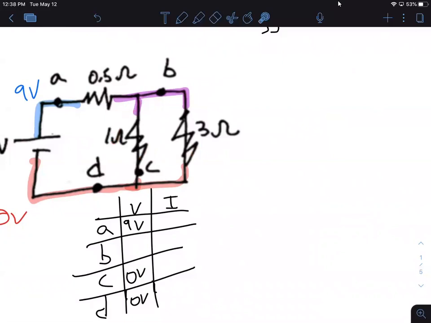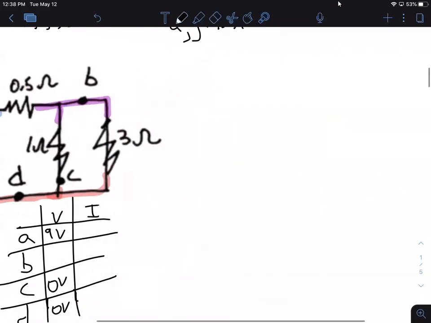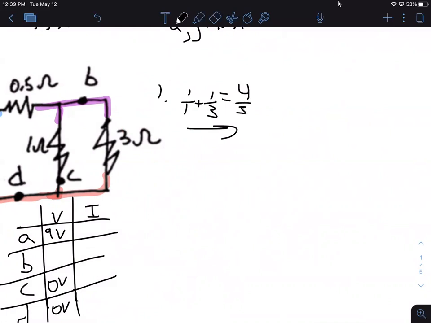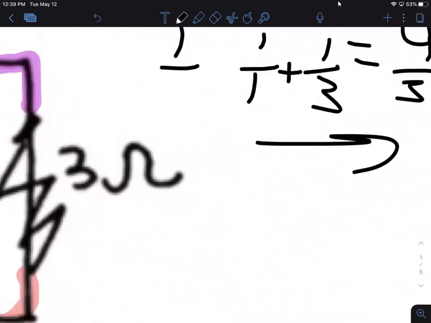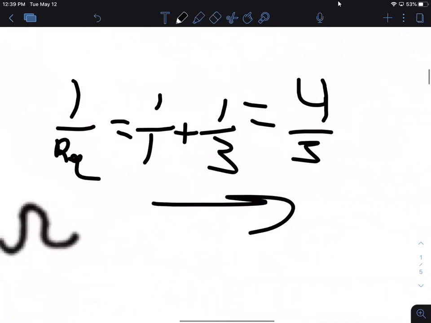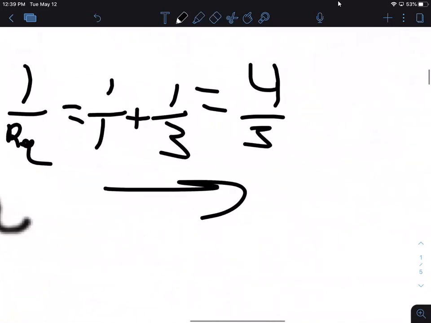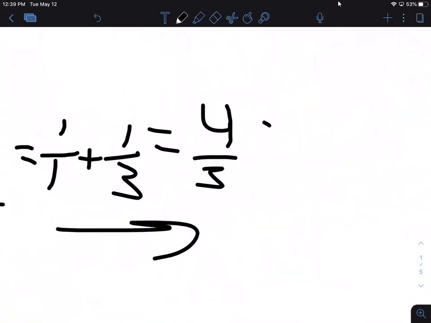These are in parallel. So I can turn this into 1 over 1 plus 1 over 3, which is 4/3. I did not make the math easy on this, did I? Then I flip it.